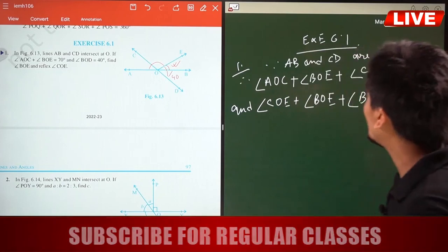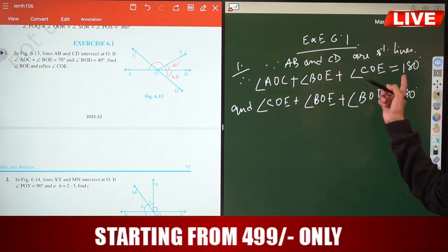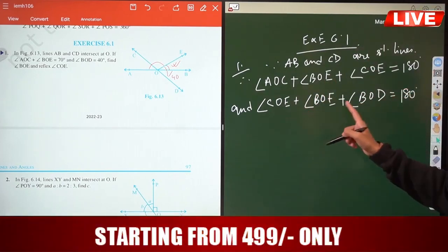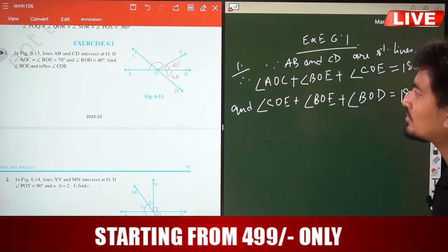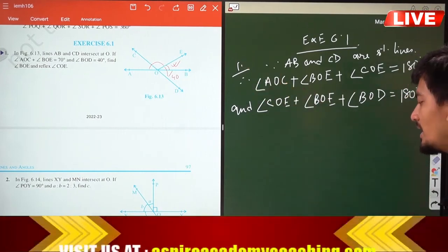Therefore, angle AOC plus BOE plus COE equals 180 degrees, and angle COE plus BOE plus BOD equals 180 degrees. Right?